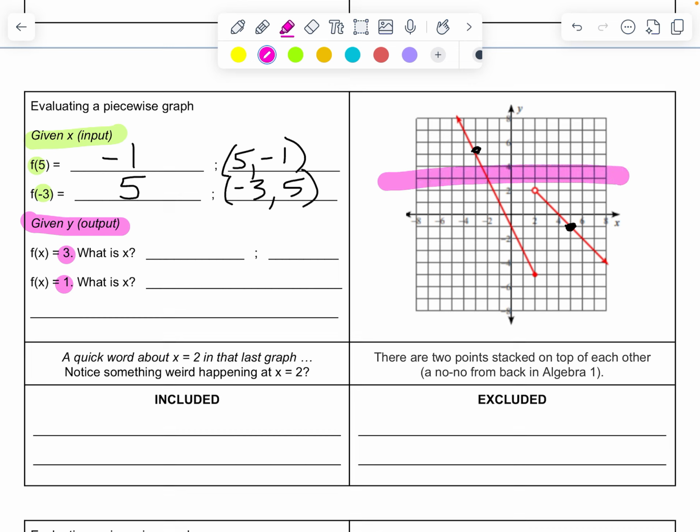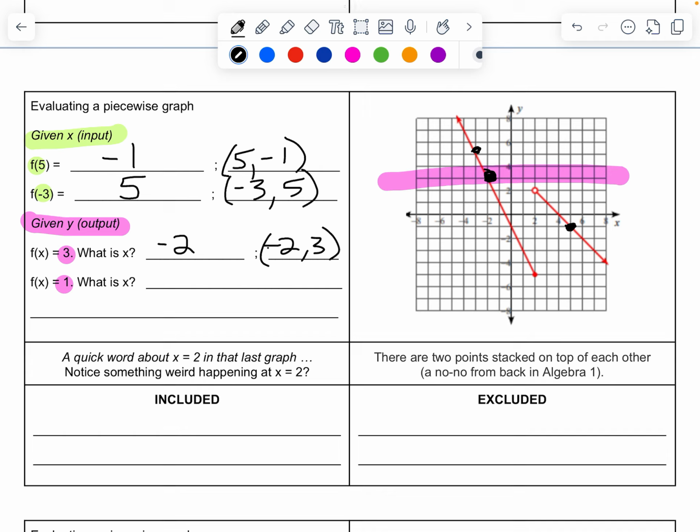There it is right there, and the location that has a y value of 3 is right there. Well, that y value is 3. What is that x value? The x value there is negative 2. Fantastic. So we just highlighted the point negative 2 comma 3.